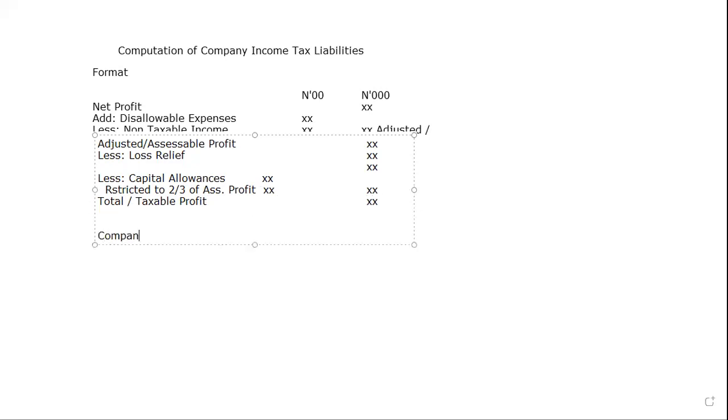Then you have company income tax, then tertiary education tax at 3% of assessable profit. Then total tax liability.